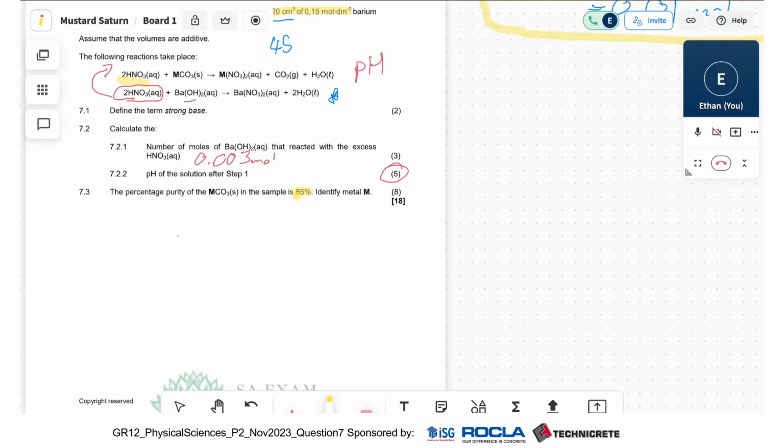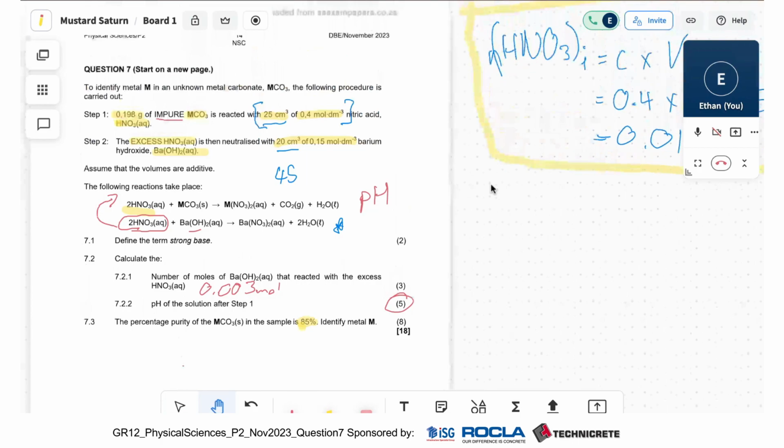What we need to realize is that of this 0.198 grams, only 85% of it is actually the metal carbonate. We know exactly how much acid reacted from the previous questions we've done. So we're going to make an assumption here, a necessary assumption.